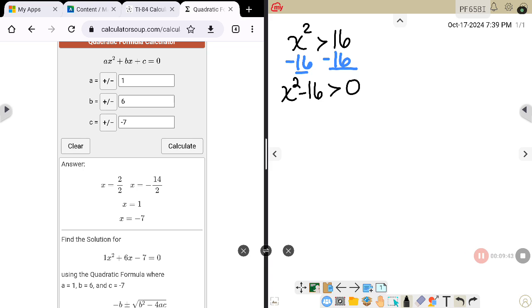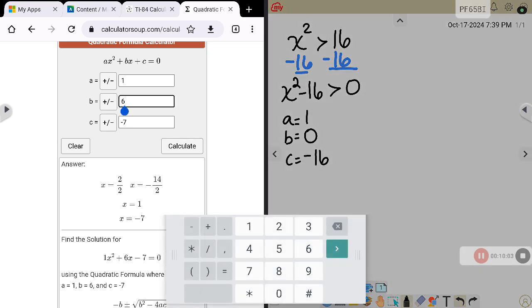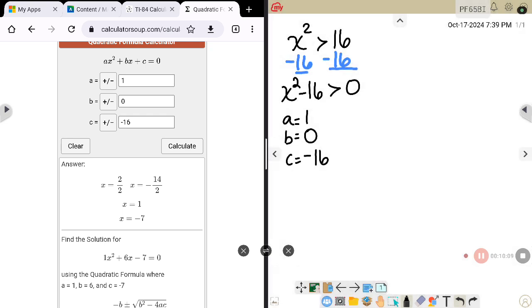Be careful when you choose your A, B, and C. A is in front of x squared, so it is just a 1. B is in front of x. There is not an x, so your B is 0. C is your constant, which is negative 16. So I need to change my b to a 0 and my c to a negative 16 and calculate.